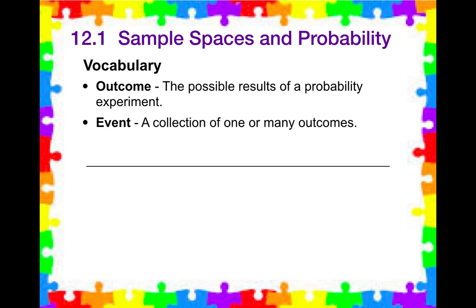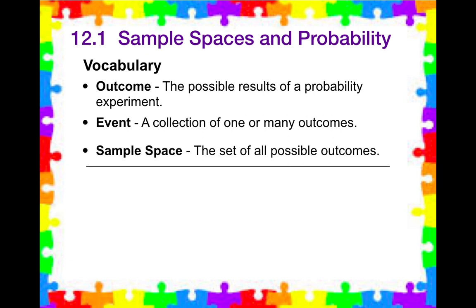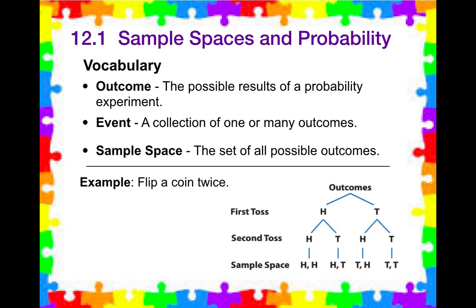There's an event. An event is a collection of one or many outcomes, and the sample space is the set of all possible outcomes. Let's take an example of flipping a coin twice. If I flip a coin, it could come out heads or tails on the first toss. Let's say it comes out heads, then we toss it again and it can come out heads or tails.